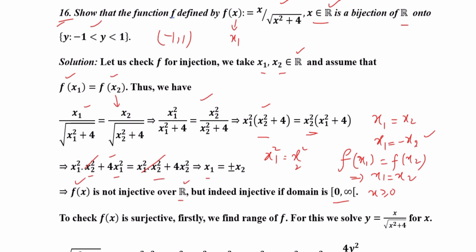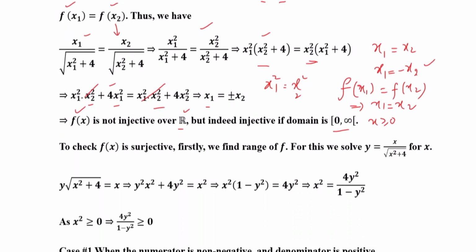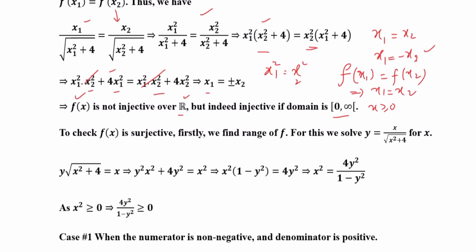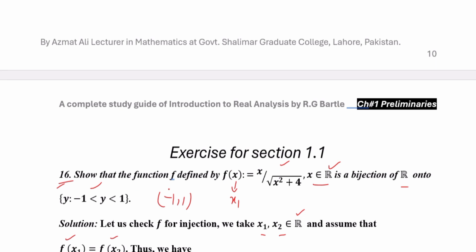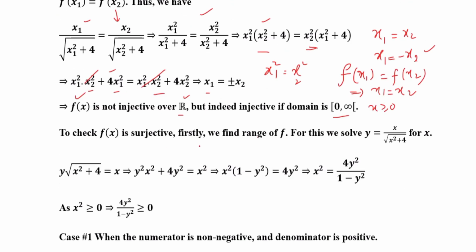Further, to check whether function f of x is surjective over this open interval, we find the range of the function. For the range of the function, we solve this expression for x. So by cross multiplication, we have y times square root of x square plus 4 is equal to x.